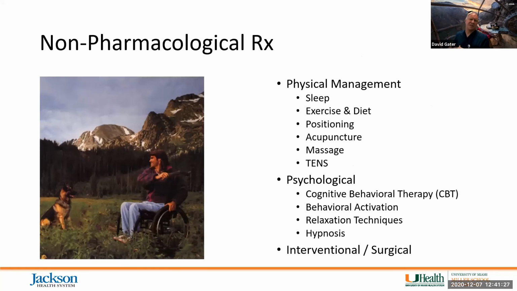I think it's important to consider the non-pharmacological treatment strategies that we have for our folks with spinal cord injury, recognizing that sleep, positioning, acupuncture, massage, TENS, all of those can contribute. Recognize the additional benefits of diet and exercise, which surprisingly have not really been looked at much in the spinal cord injury population, although we are recognizing there seems to be some relationship.